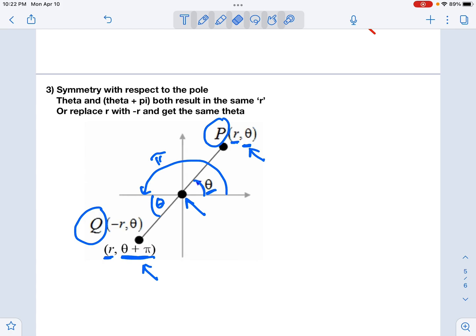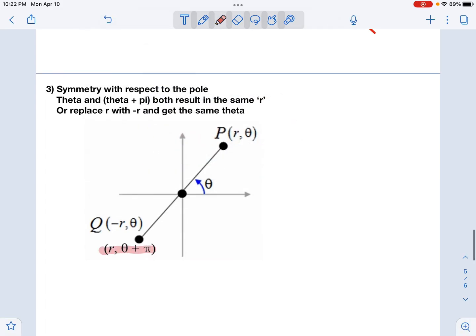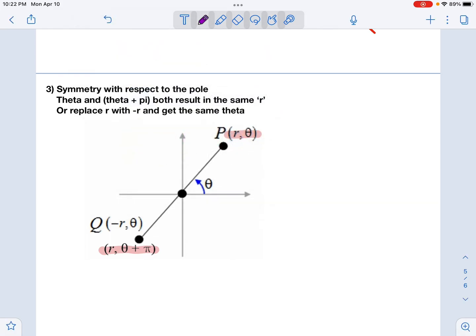Another test you can do is this: this condition is interchangeable with that one.